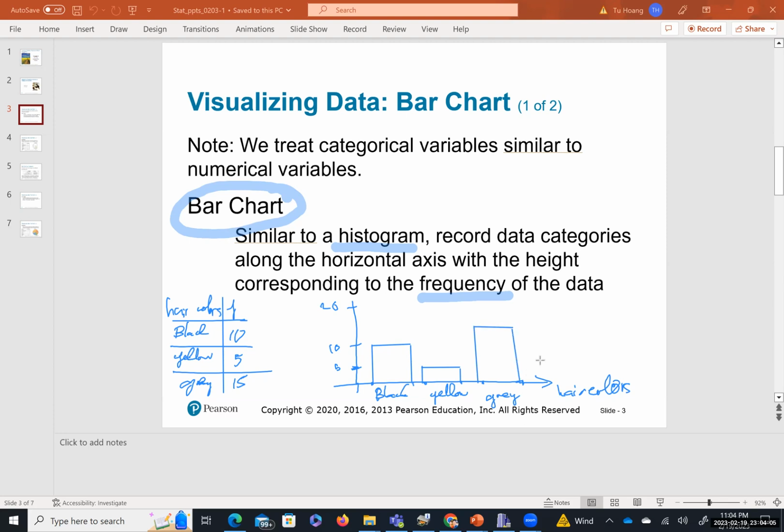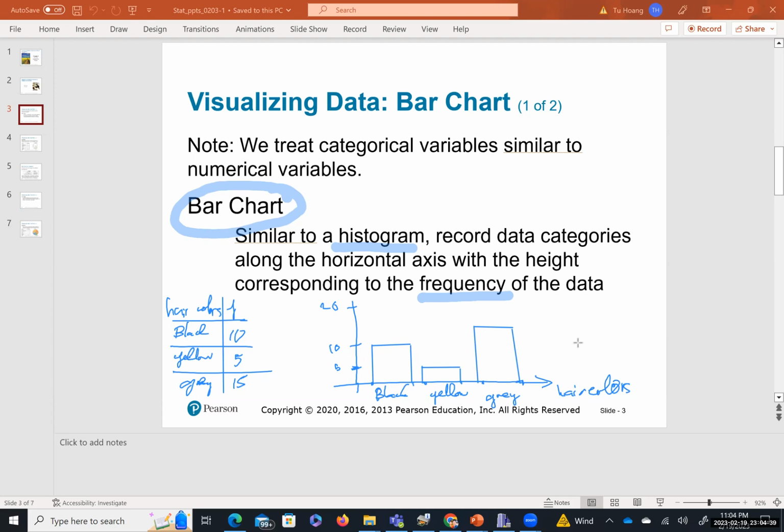All right, so as you can see, the bar chart has no intervals, because we're just talking about the categories, and we don't have to worry about intervals from where to where, like a numerical one.